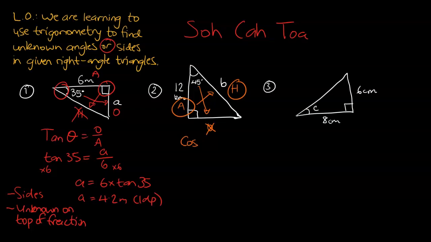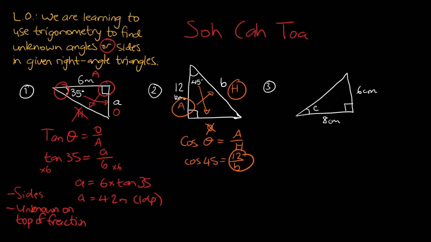Cos angle is equal to A over H. That's step 1 and 2 done. We've labeled and we found the equation we're interested in. We're now going to substitute. Our angle is 45 degrees, so that means cos 45 is going to be equal to 12, that's A, divided by b.